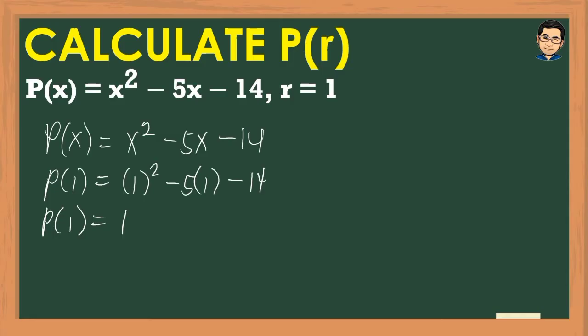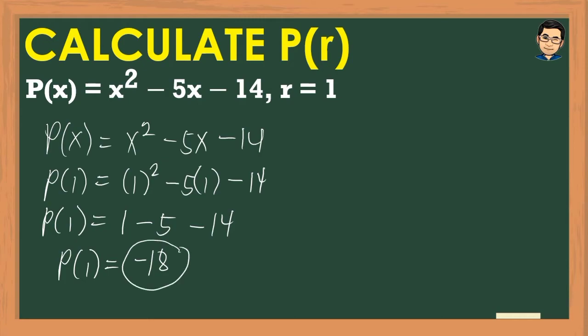And then, negative 5 times 1, that is negative 5, minus 14. Finally, 1 minus 5 minus 14. So, ang sagot po natin dito is negative 18. Ibig sabihin, itong negative 18 na nakuha natin, ito po yung remainder kapag dinivide po natin yung p of x dun sa x minus r.